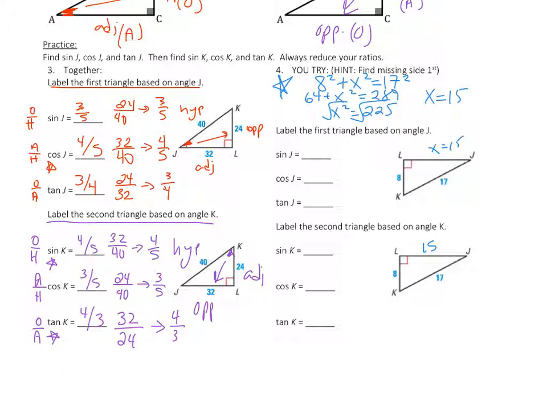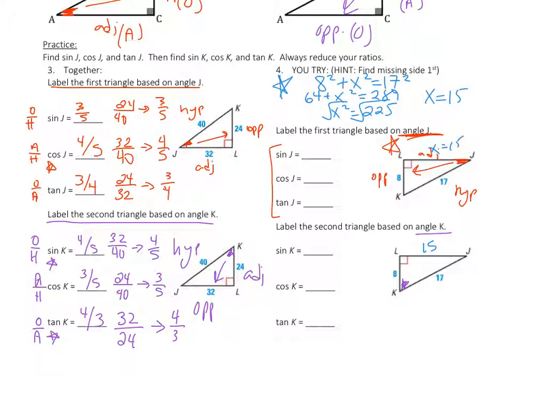On the first one, we are basing it off of angle J. Second one, we are basing it off of angle K for our labels. So I want you to go ahead and start labeling your 3 sides in this first triangle. The 8 should be the opposite. 17 would be hypotenuse, and your 15 would be adjacent.